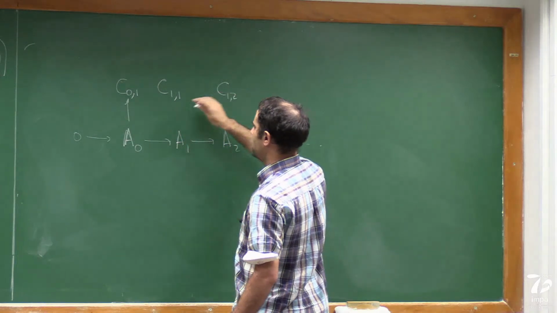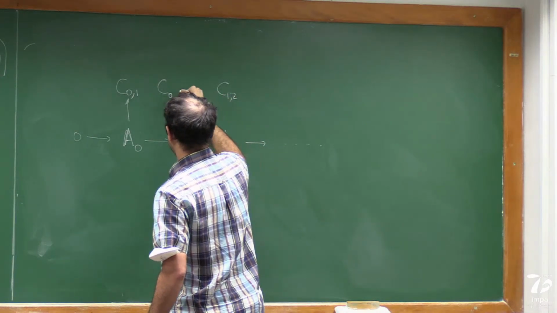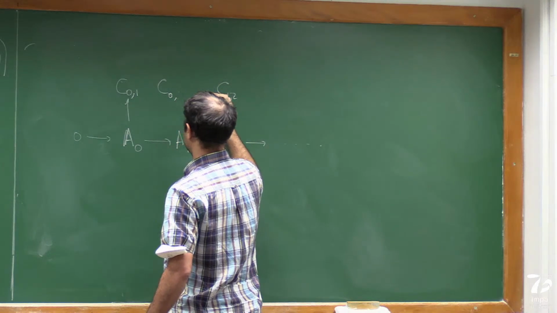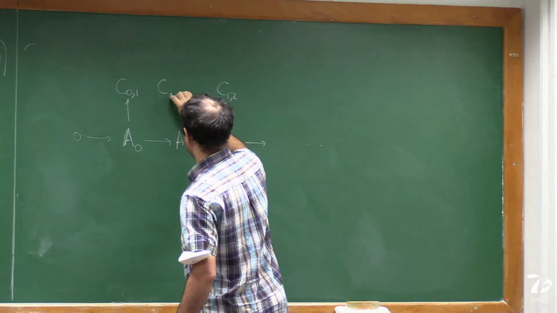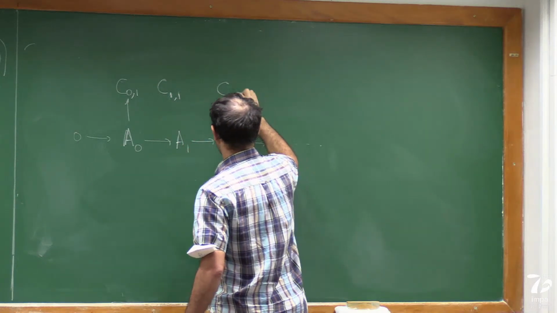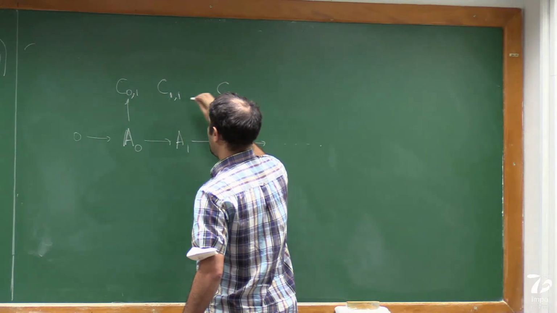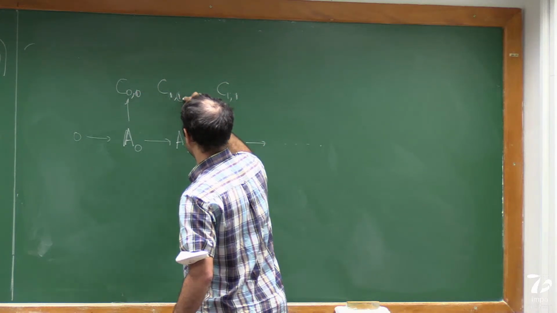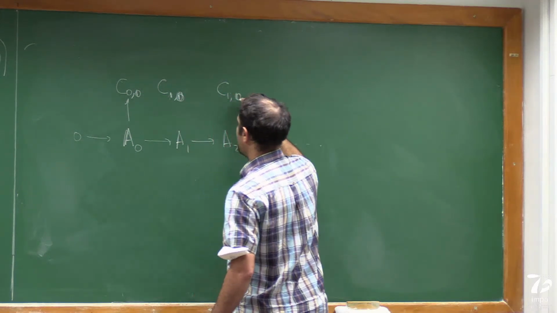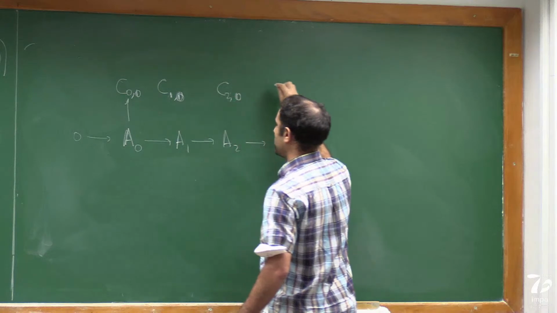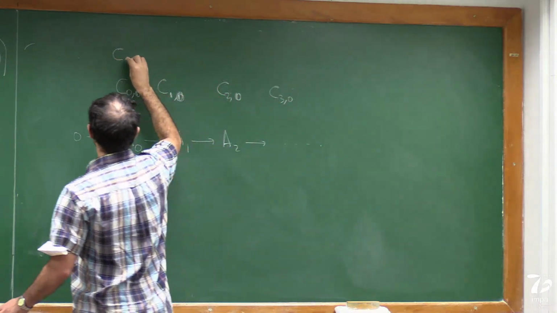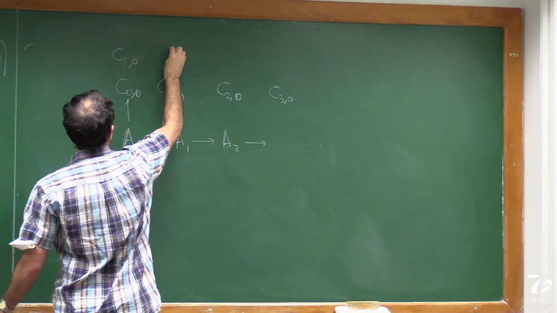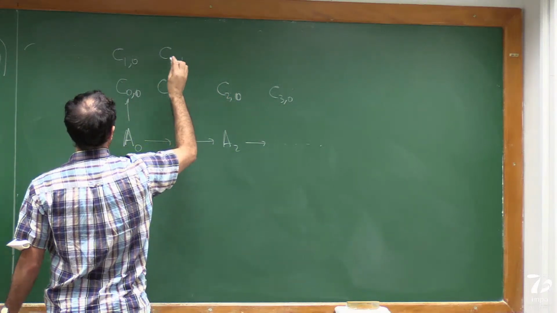Oops, I think I'm doing this wrong. Dyslexic here. This is 1, and this is 1, and this is 1. And actually, this is 0, this is 0, this is 0, and this is 2, and so forth. C^{3,0}, C^{1,0}, C^{1,1}.